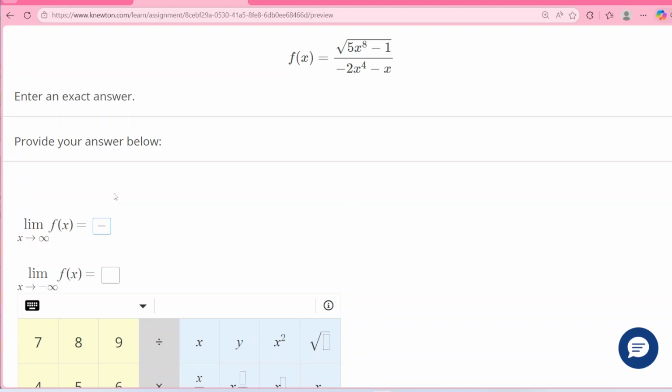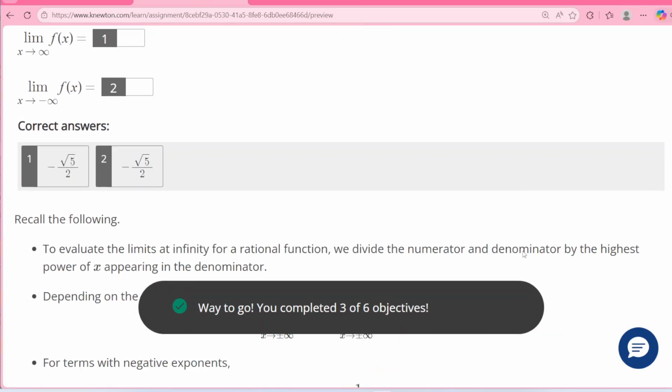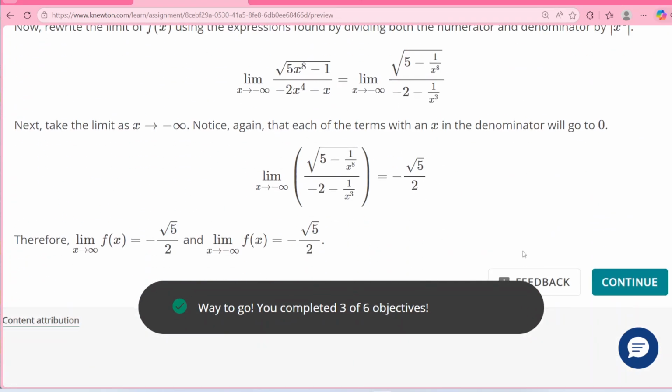So negative square root of 5 divided by 2, right? And same thing here, both ends the same. Very similar to the last one. All right, great. So that one's done.